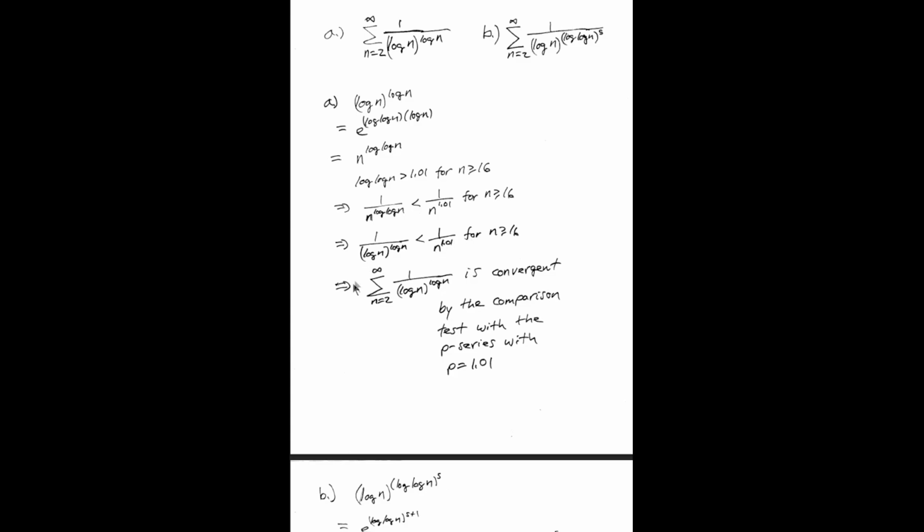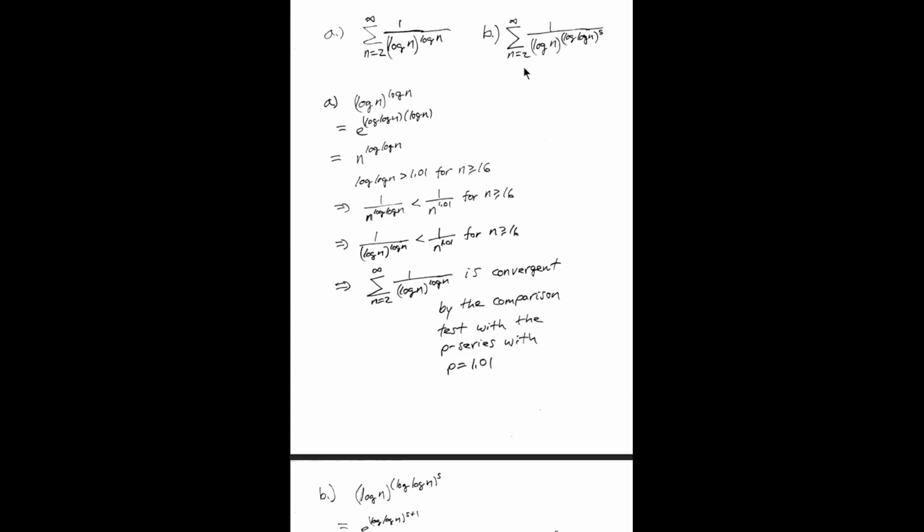And therefore, the sum as n goes from 2 to infinity of 1 over (log n) to the log n is convergent. And why is that? Well, we use the comparison test with the well-known p-series, where p in this case is equal to 1.01. It's well known that for any p greater than 1, the sum of 1 over n to the p will be convergent.